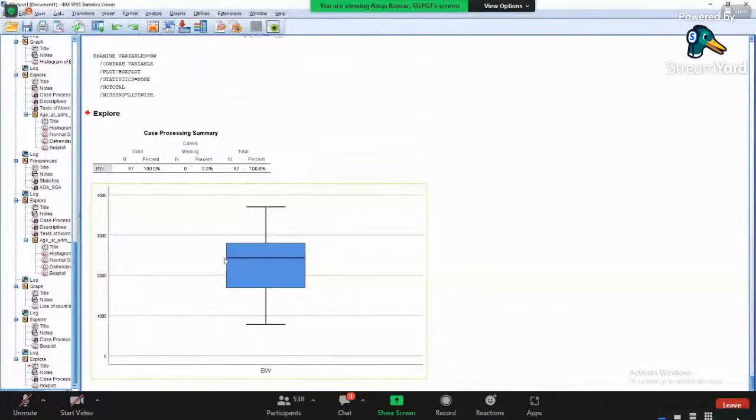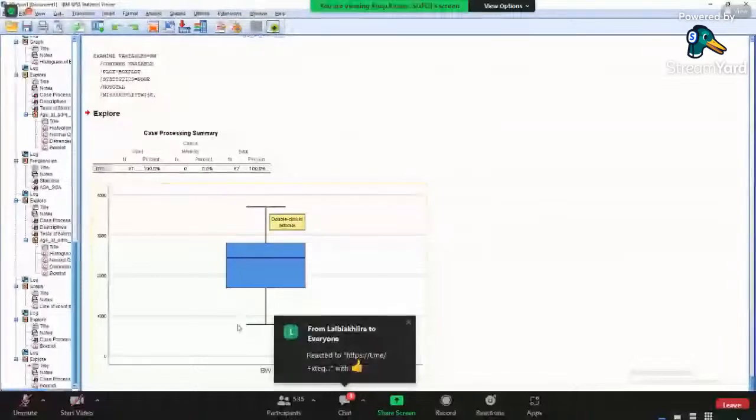The median is around 26. 1800 gram is the first quartile, below which 25% of the babies are born. This is how the box plot is explained or read by the reader.